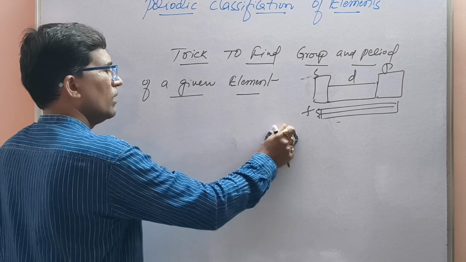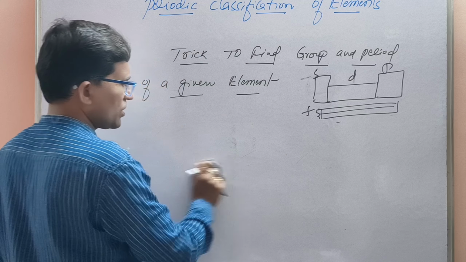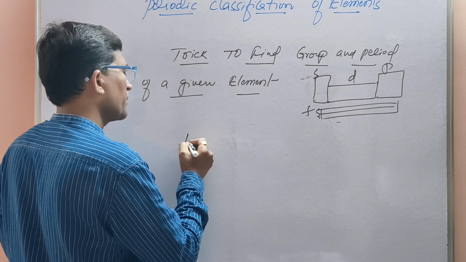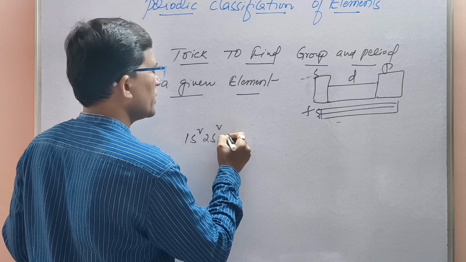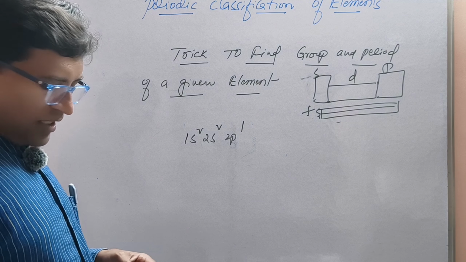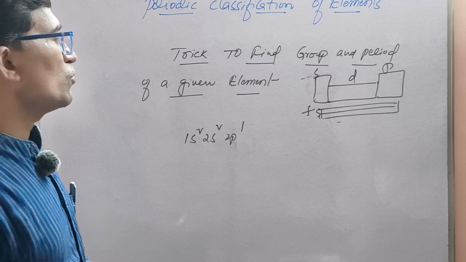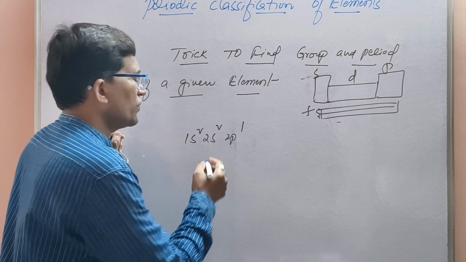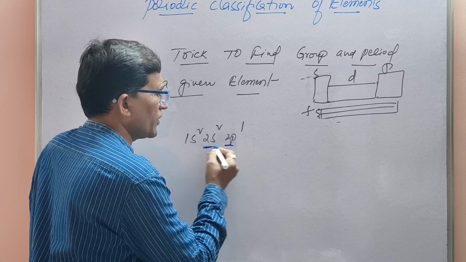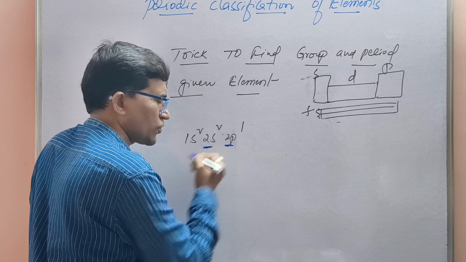Example, the configuration of one element was given like this: 1s2, 2s2, 2p1. If the configuration is like this, it asks to identify to which group and period it belongs. So if you see the common observation, 2s2 is having 2, 2p1 is also 2.